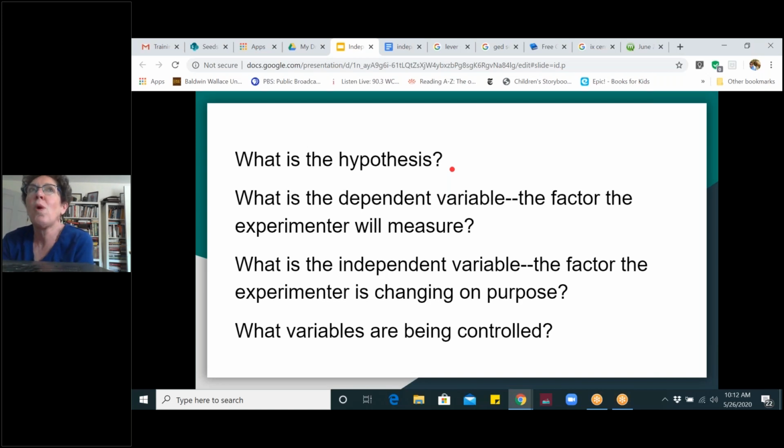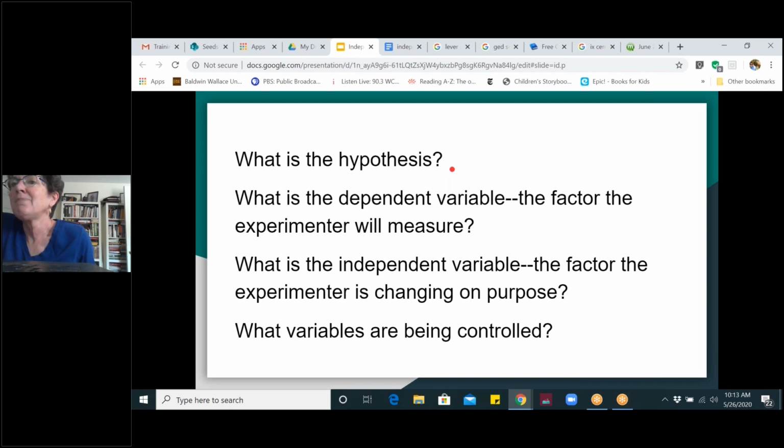But what the experimenter is looking for, the factor that the experimenter is trying to see if it has changed, is how big the plant grew. What the experimenter is looking for is how big did the plants grow? That's the dependent variable, right? Yes.